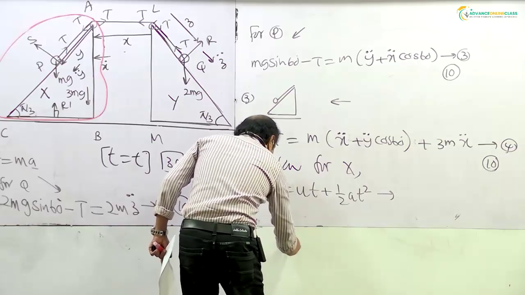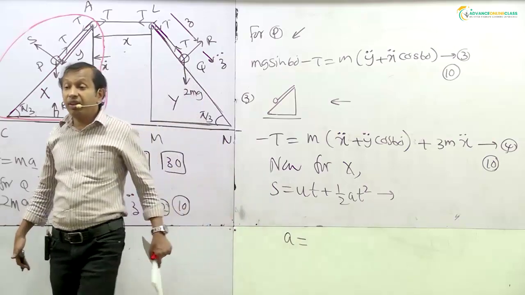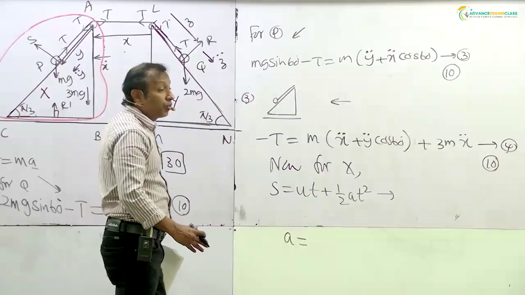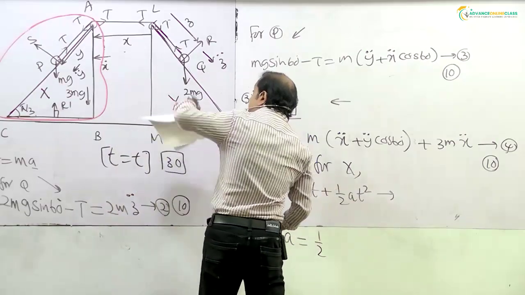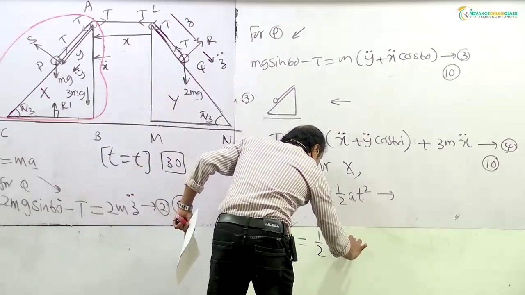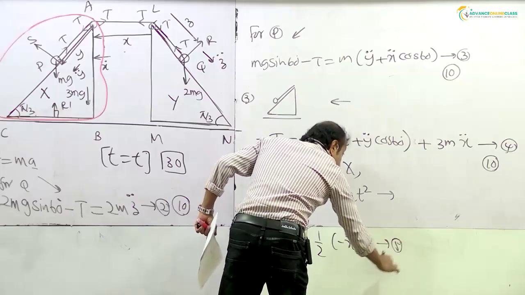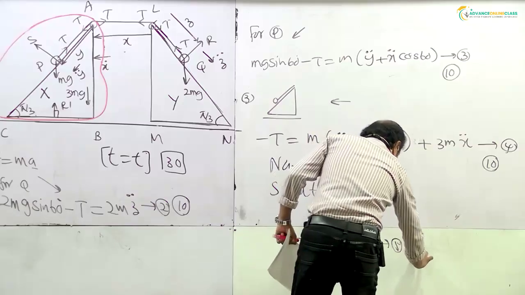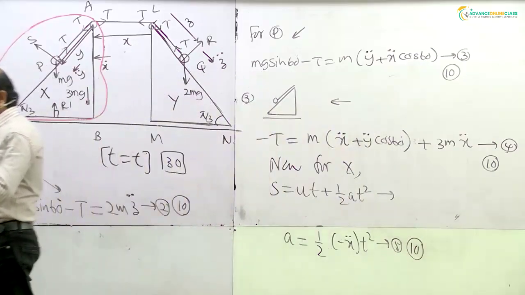S is the length it should move, a, since initially the distance between X and Y is a. Initial velocity is 0 because it starts from rest. We apply rightward, with x double dot leftward, so a equals minus half x double dot t squared. Number 5, another 10 marks. That also we finished.